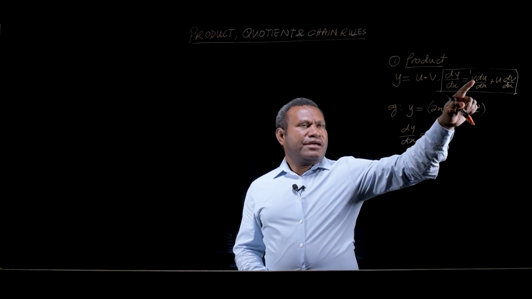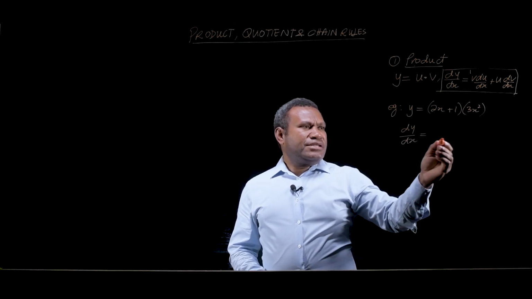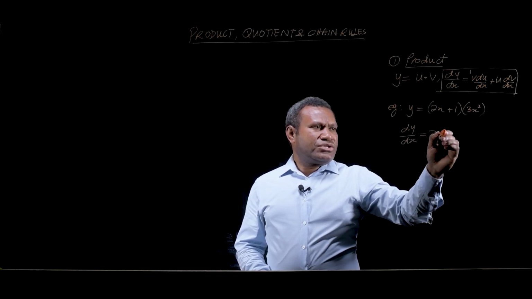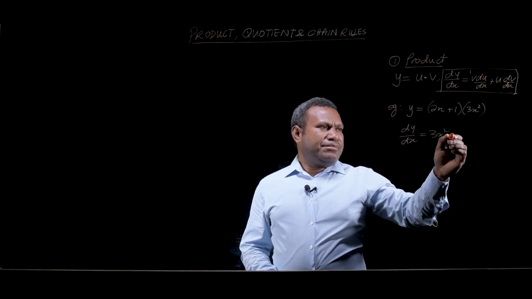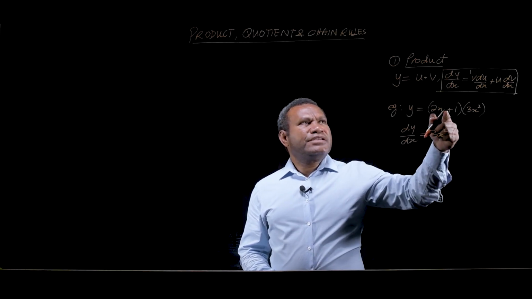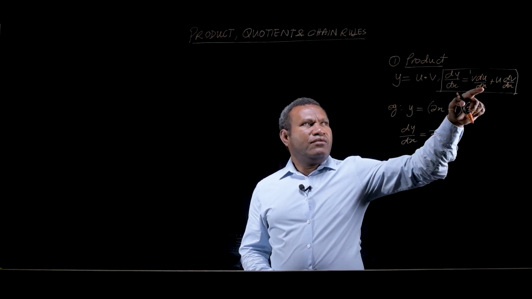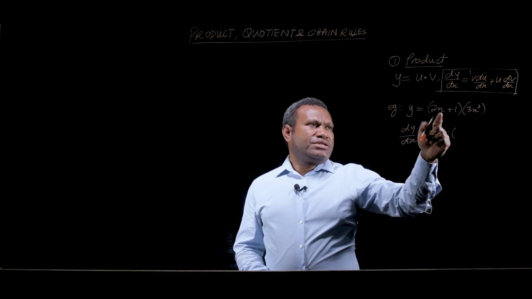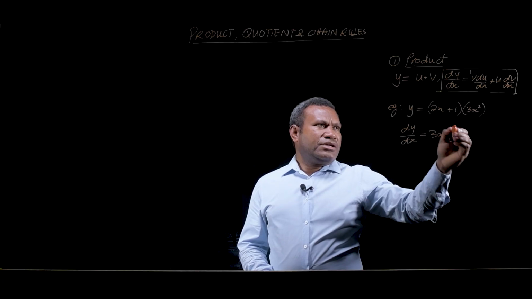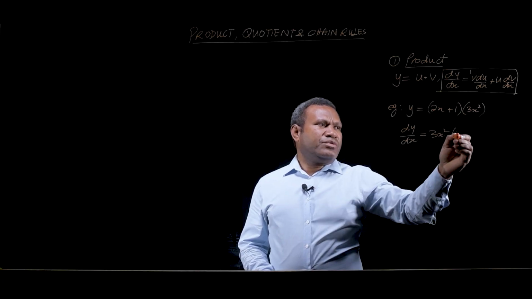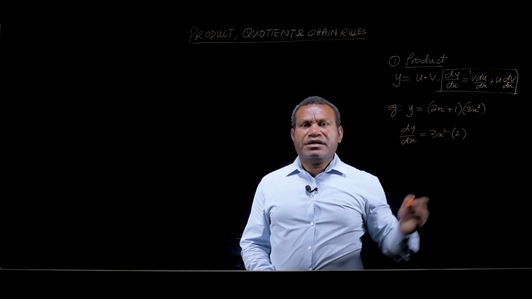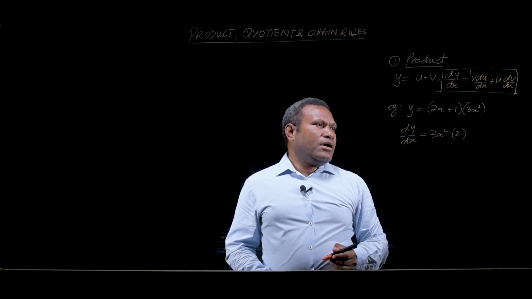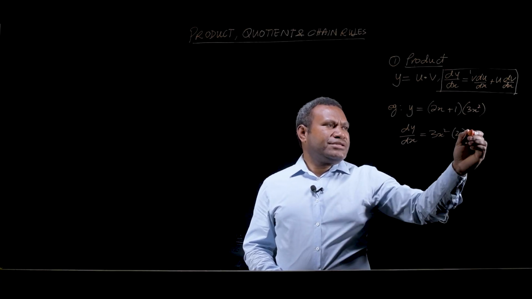okay, what's v here? v is the second function, which is 3x squared, multiplied by the derivative of the first function. du over dx is the derivative of the first function here. So what's the first function? It will be 2x. So the derivative of it will be just 2 by applying the rule for differentiation. Right, here we have addition.